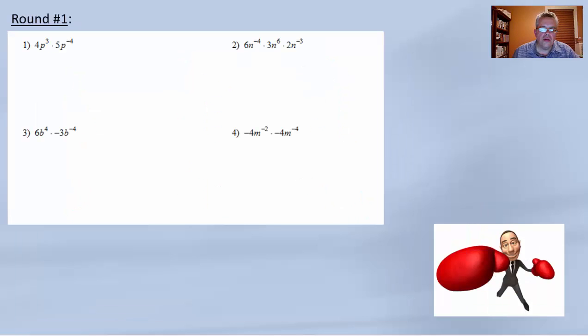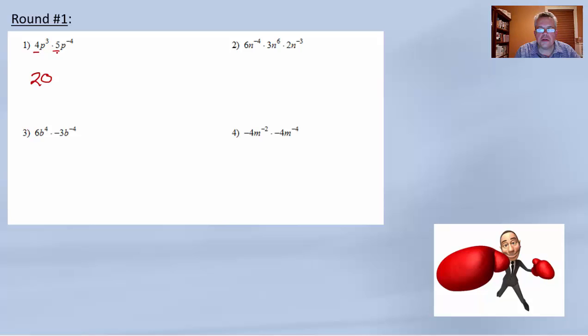Okay, now we're moving into some problems like we did with positive exponents, and if we have negative exponents, they kind of work the same way. So when we were doing this kind of problems before, we multiplied the coefficients. So 4 times 5 is 20. And now we're going to multiply the powers of p.